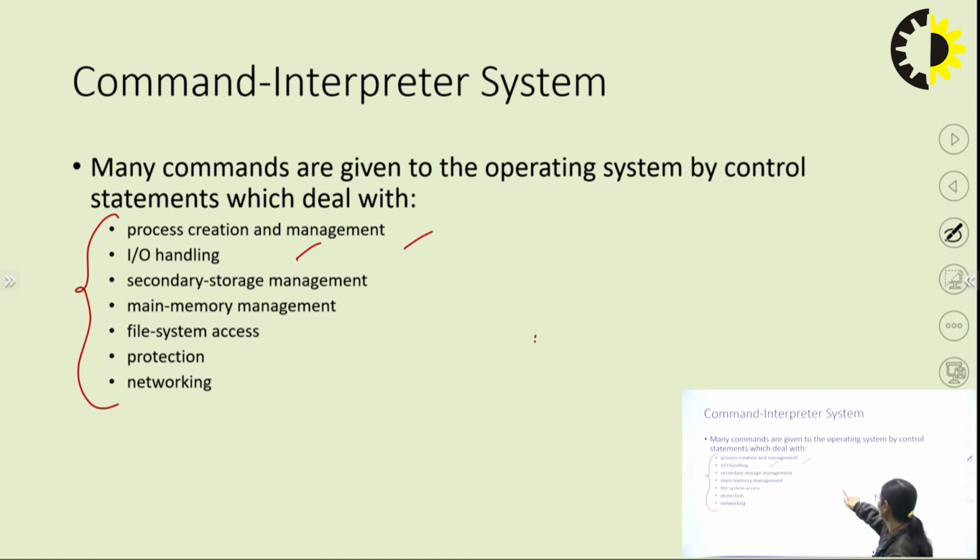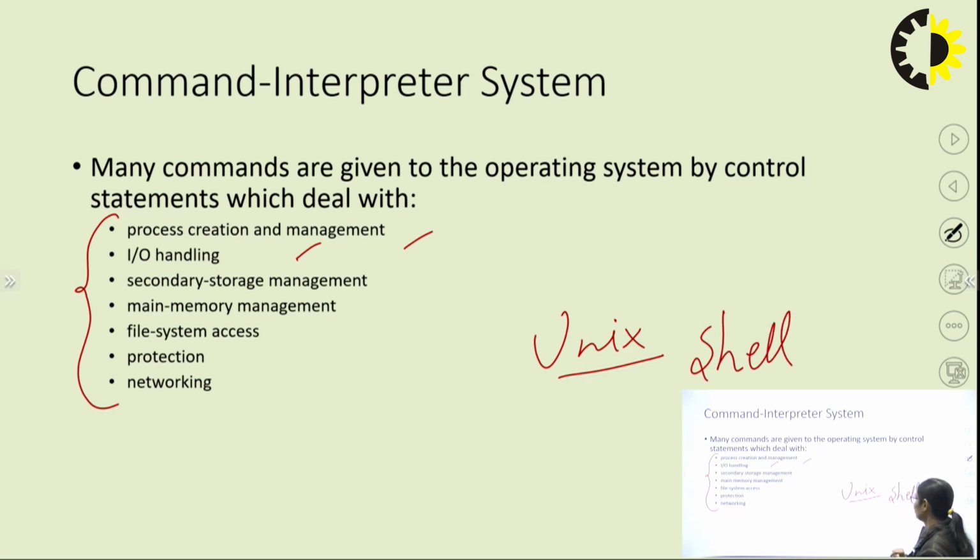In the case of Unix, this command interpreter system has been given a specific name, that is, the shell. So whenever you give a command to the system, it is taken by this shell. It interprets this command, that is, it checks its validity, whether the command has been written correctly, what its arguments are, and whether the arguments are valid or invalid.